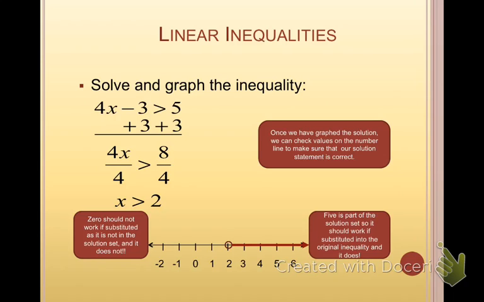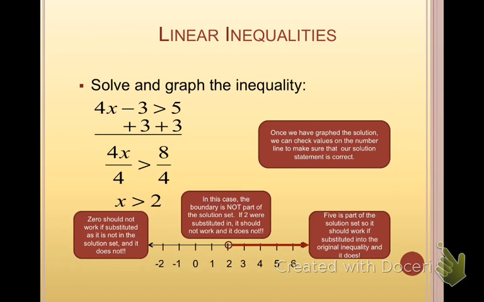If we were to plug in something to the left of where we shaded, let's say we plugged in 0, okay, it should not work because it's not shaded in. 0 is not greater than 2. So if we plug it in, 4 times 0 is 0, and 0 minus 3 is not greater than 5. Therefore, it does not work, and it is not part of our solution set, and that's why we did not shade it in. Okay.